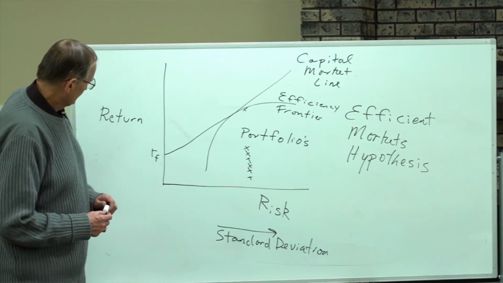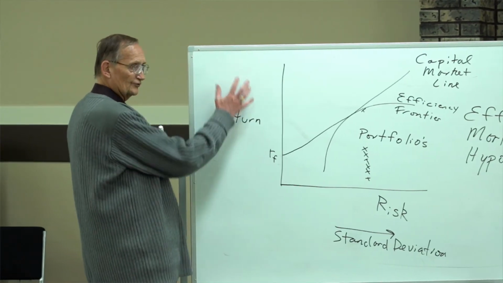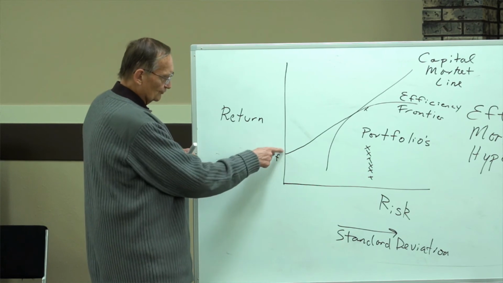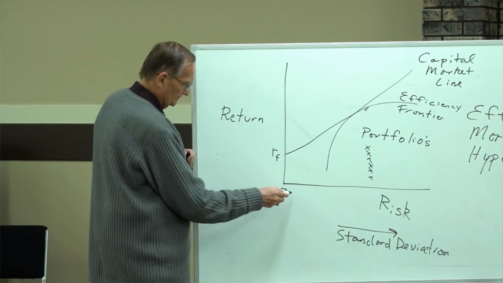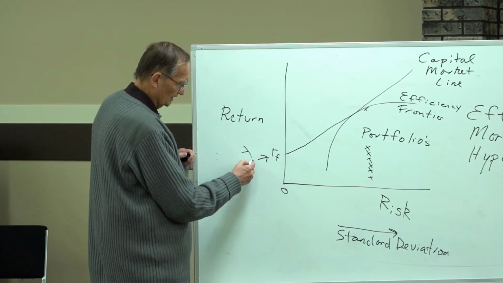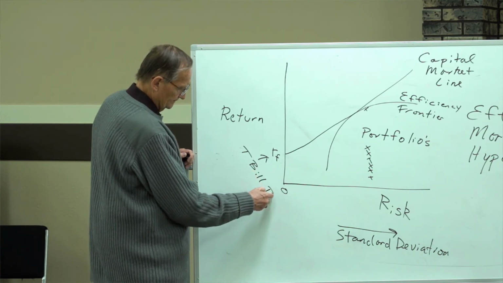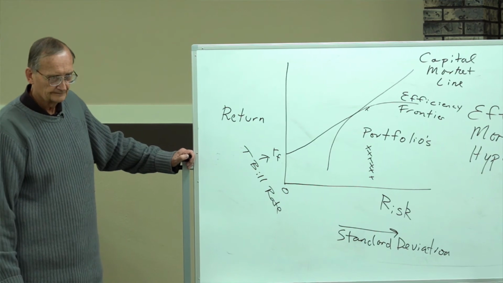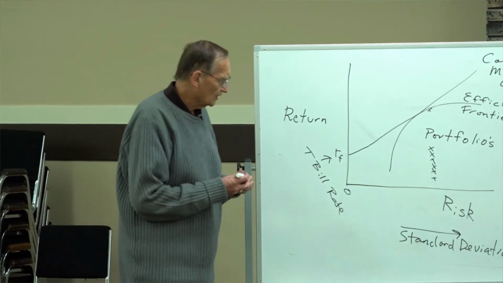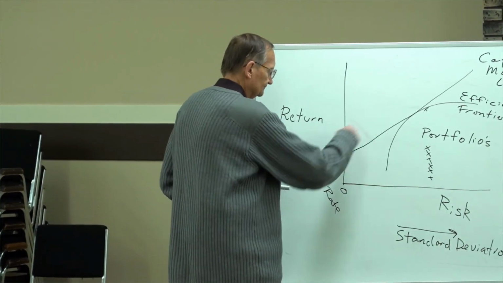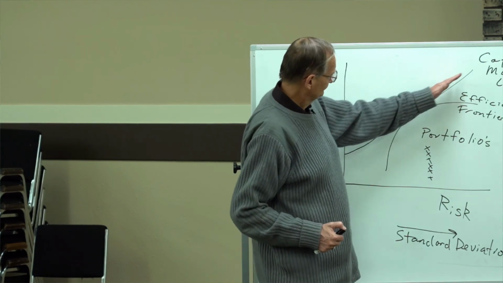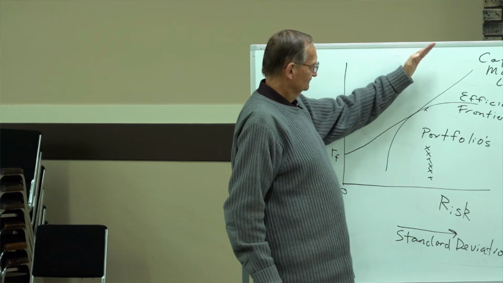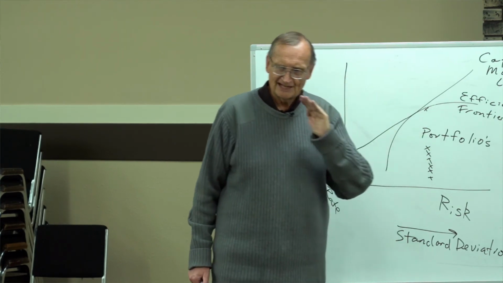Now, as before, this is returns, 5%, 10, 20, 30%. We have a risk-free return. You know it's the T-bill rate, right? So I draw a line from there, I bring it over here, and I drop it down like this, and I'm going to get a point of tangency.